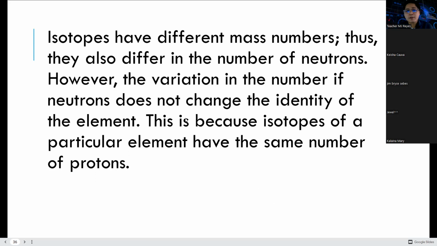However, the variation in the number of neutrons does not change the identity of an element, because isotopes of a particular element have the same number of protons. Take note, your protons are constant. That's the reason, because this is based on the atomic number.